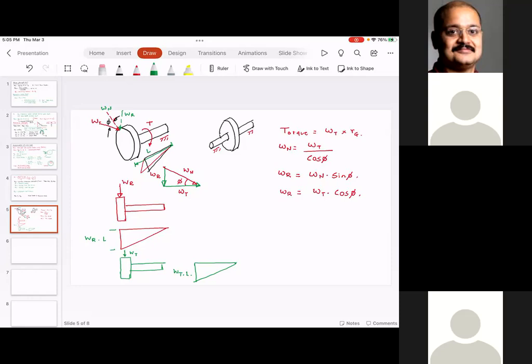One bending moment is in the horizontal plane, the other is in the vertical plane. So the total bending moment will be the resultant of these two bending moments.